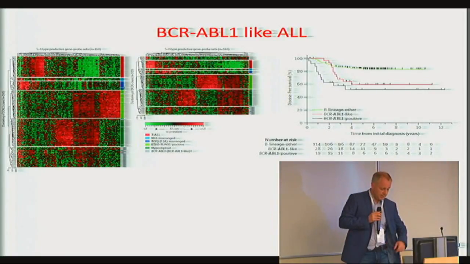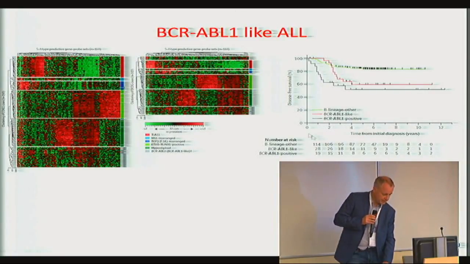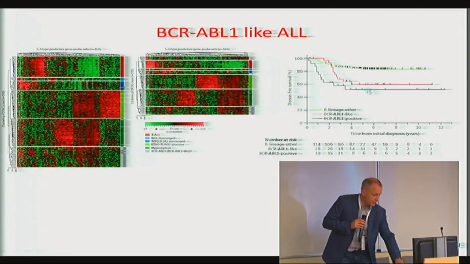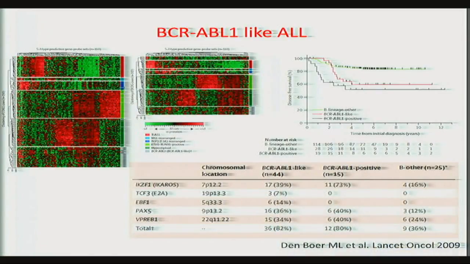And as you see, if you consider outcome, this group of patients has a really very poor outcome, similar to BCR-ABL leukemia. And among the lesions in this group, we also have the Ikaros defect. So it's even more complex.